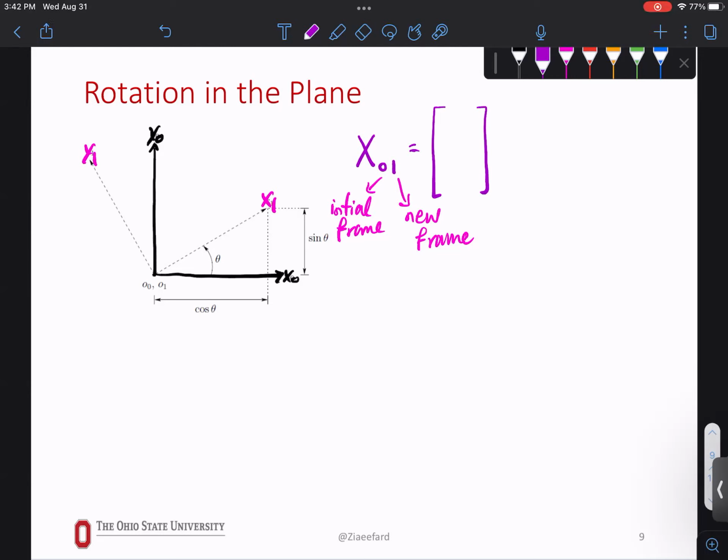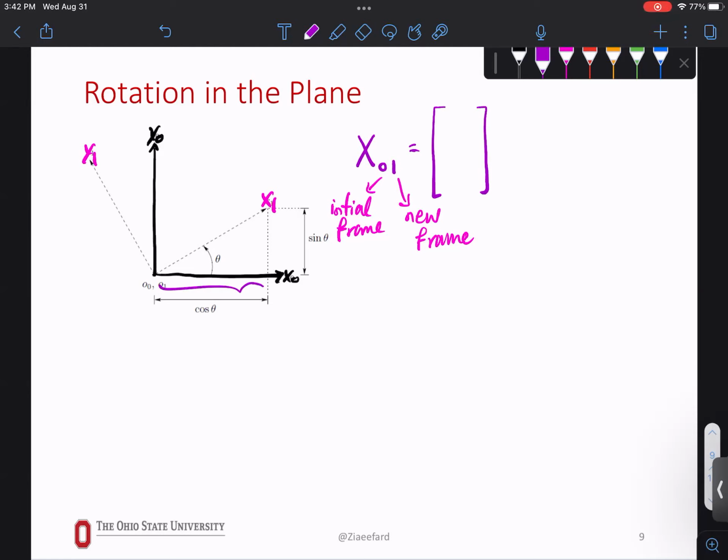But if I told you X1, which comes from the dot product, if you remember, the dot product was what? The projection of one vector onto the other one, right? So what's the projection of X1 onto X0? X1 times X0 times cosine of the angle, right?